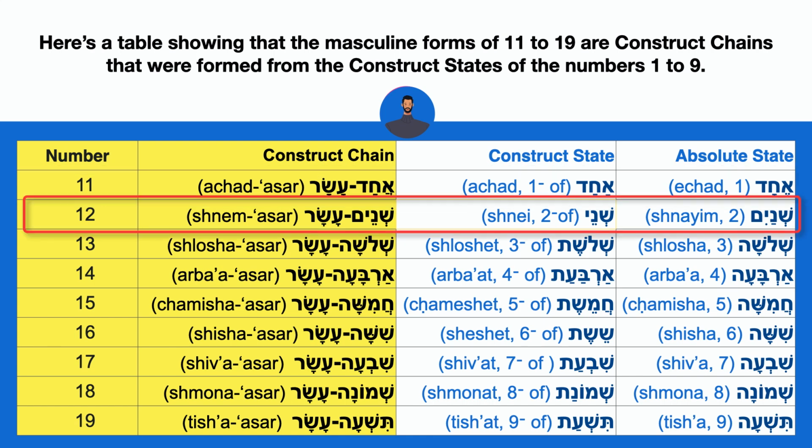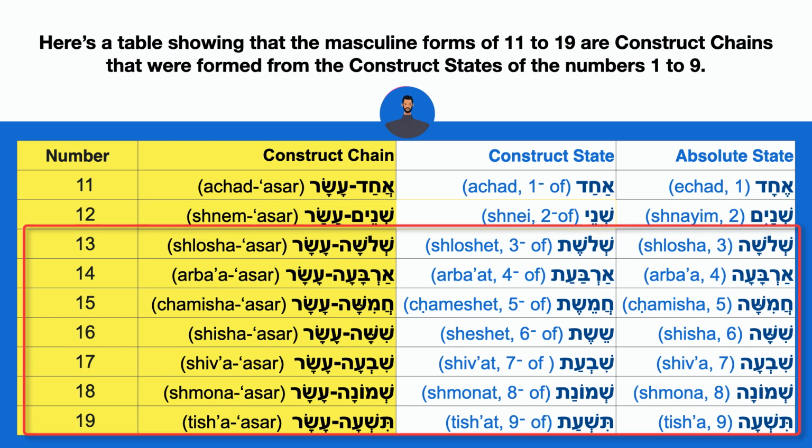Same for number 12. Shnaim is the absolute state of the number 2, and the construct state of the masculine version of the number 2 is shnei, 2 of. So we say shnem asar, because shnem resembles shnei, close to the sound of shnei. So shnem asar, that's 12.